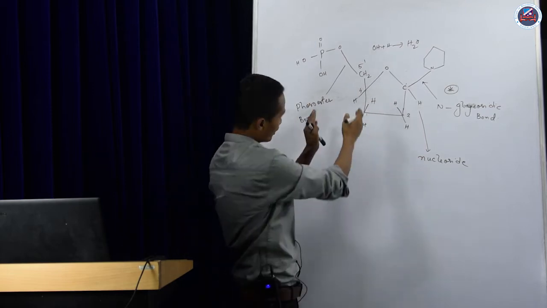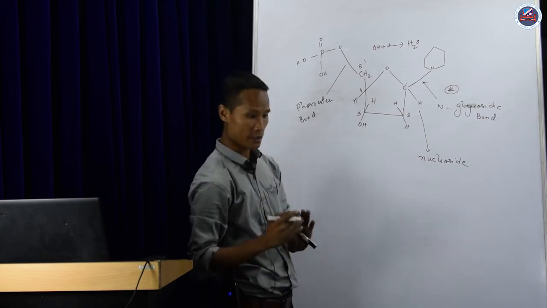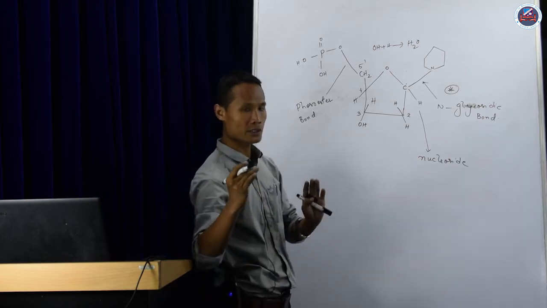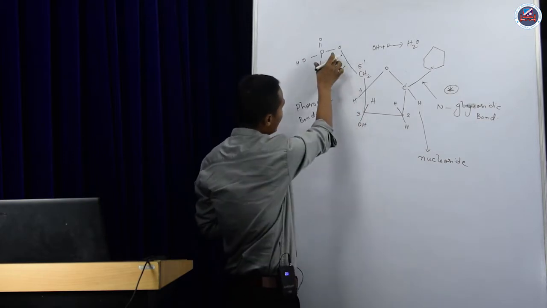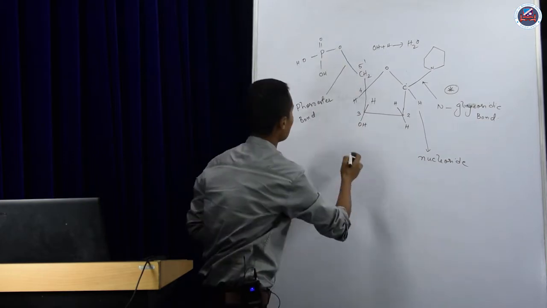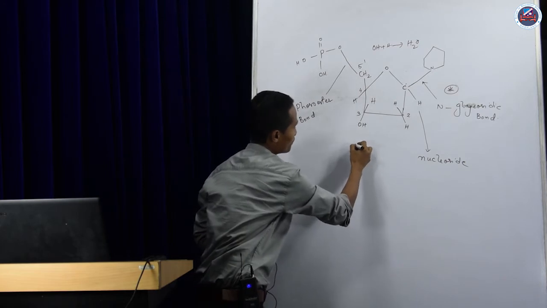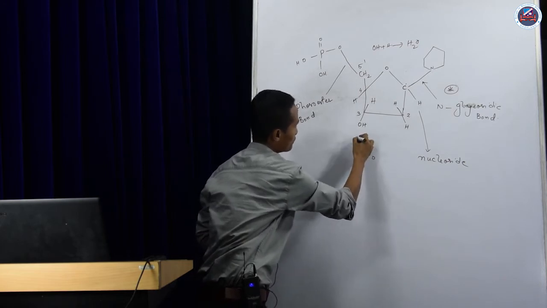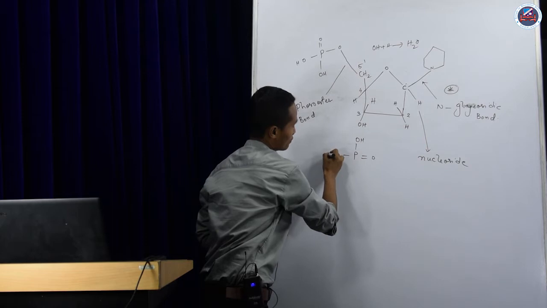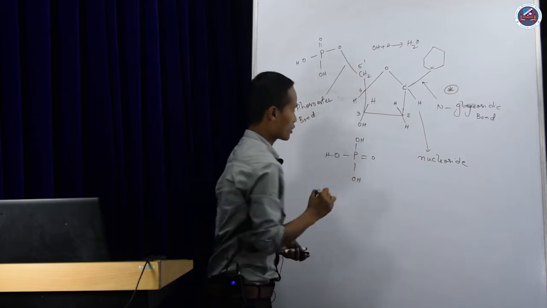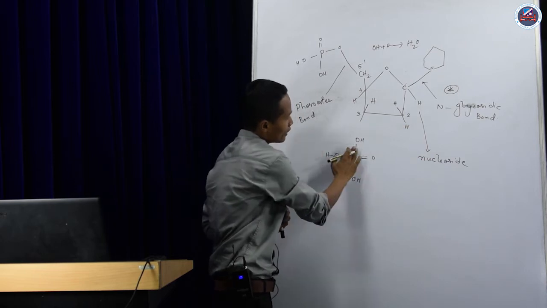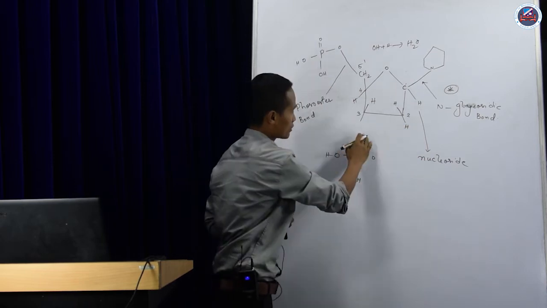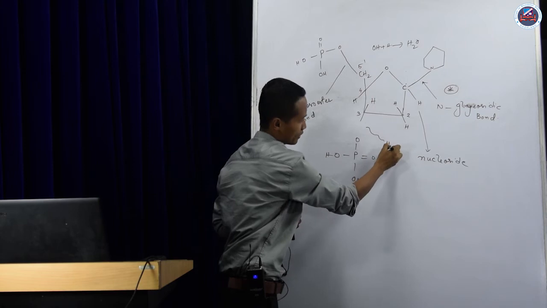If I have to elongate the chain, or increase the number of nucleotides, then another phosphate group has to come. Let me make another phosphate group, OH, OH. Same thing: here is a hydroxyl group, OH and H, so there will be elimination of water.